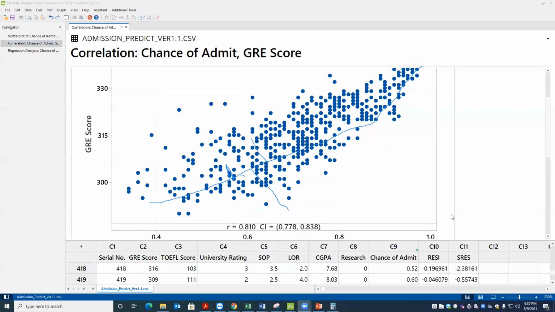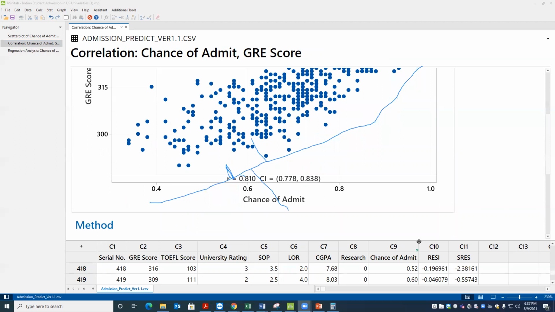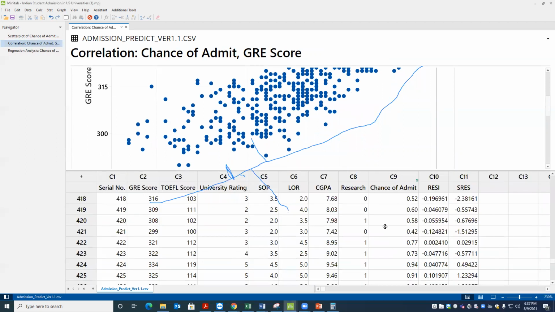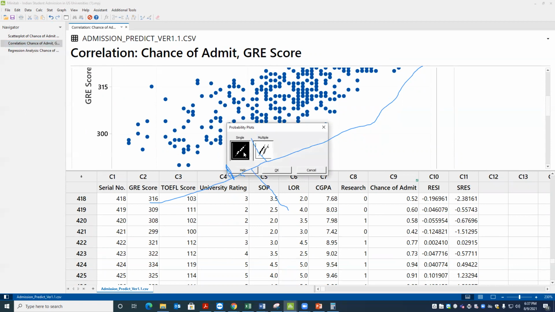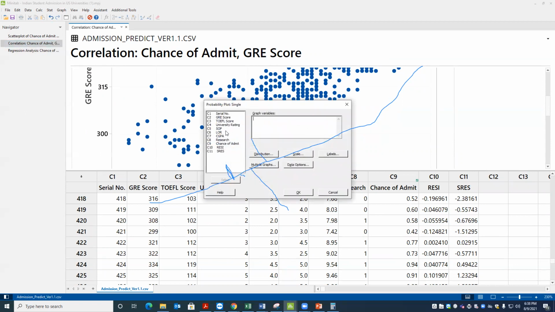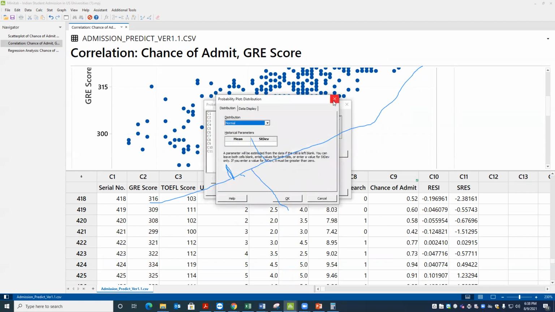It is a very simple thing, though not important in this module, but in the next class or next BADM. I have the graph options, and here we have the probability plot. Let's say I check the residual distribution in the data option.